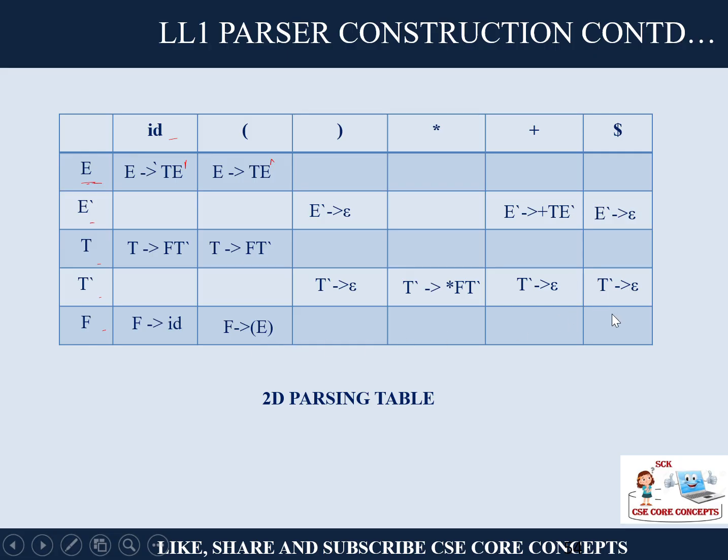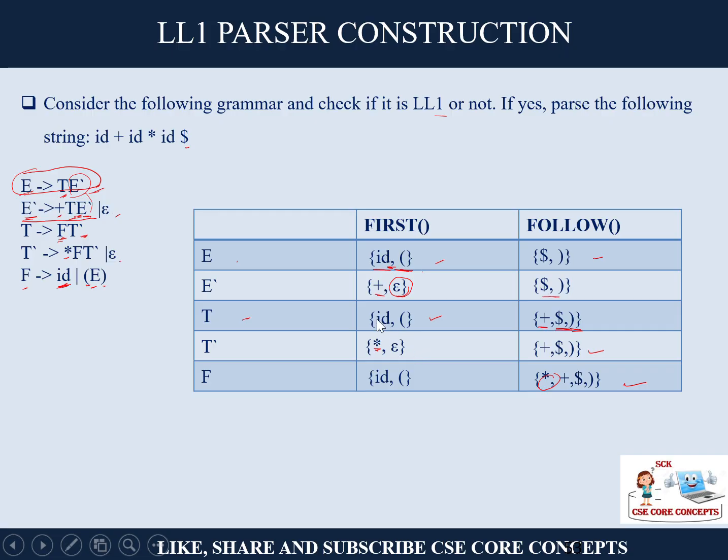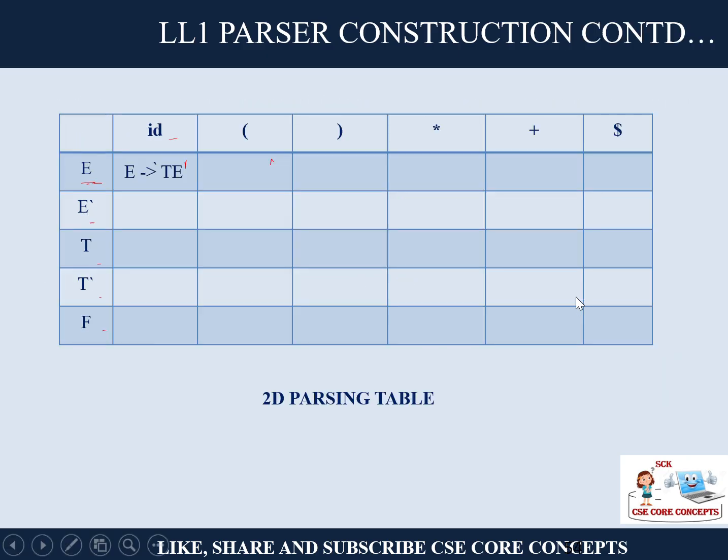Now coming to this epsilon part, it is a bit tricky. Wherever you have epsilon, you have to follow the follow values. At E prime, you have the epsilon, right? What is the follow of E prime? Dollar and closing bracket. So at dollar and closing bracket, you will write this equation, E prime is epsilon.